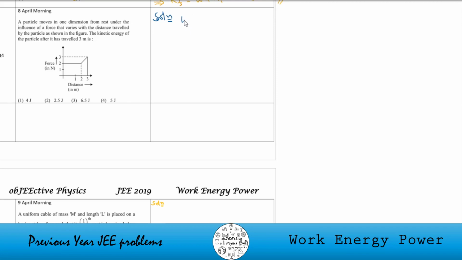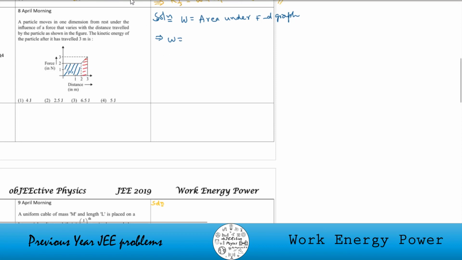So the area under the force distance curve gives the work done. Area under the FD graph gives the work done. So that implies W is equal to, see the first portion area, this is a square, the area of this square, and the second portion is another trapezium.